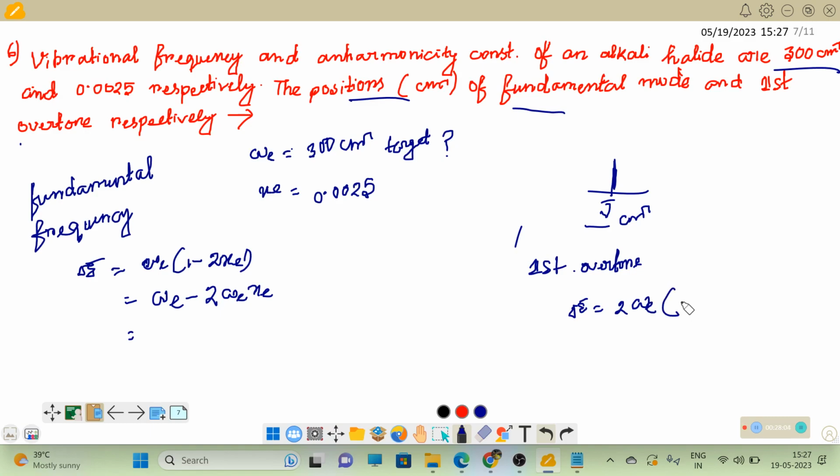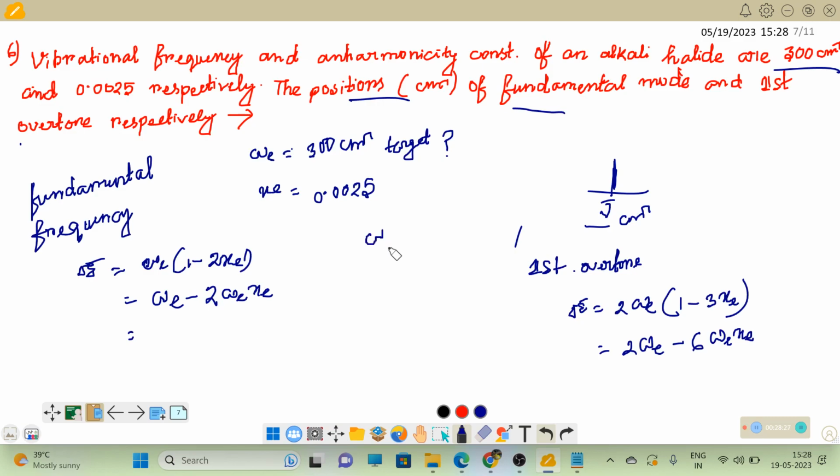I told you how to remember these things, I think you got it. Just put the values and calculate, nothing more than that.